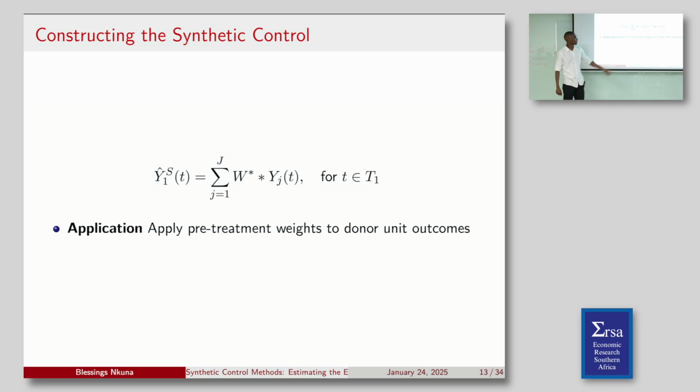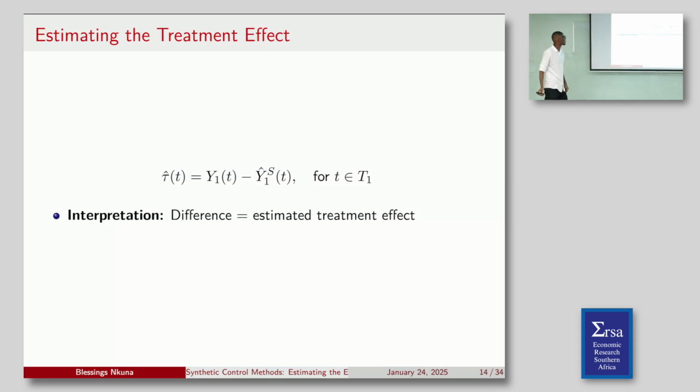That's our synthetic control: the estimated weights and the actual observed data of the donor countries. This is done for all t that is pre-treatment, so that might be T0 there. Once we have the estimated y, the synthetic control, we can subtract the outcome of the observed treated unit. Then we have the treatment effect.